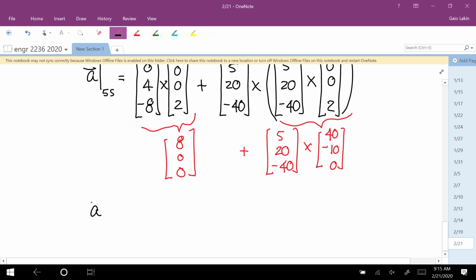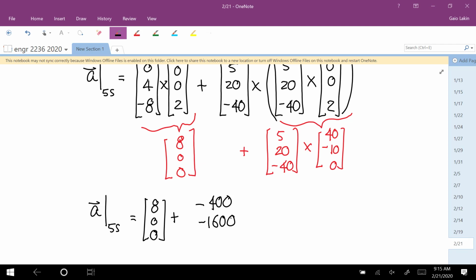And so the total acceleration evaluated at 5 seconds is, well, we got 800 plus negative 400, negative 1600, and then negative 50 minus 800, so minus 850.